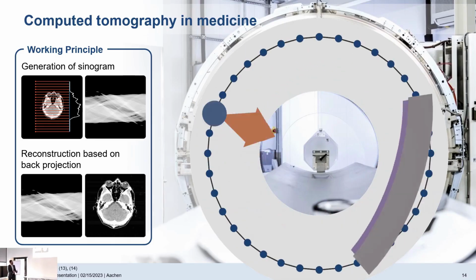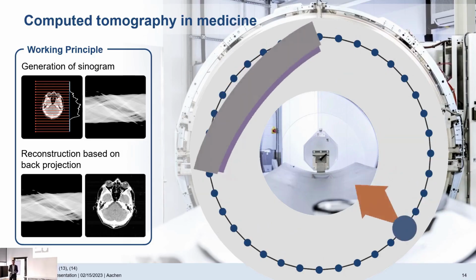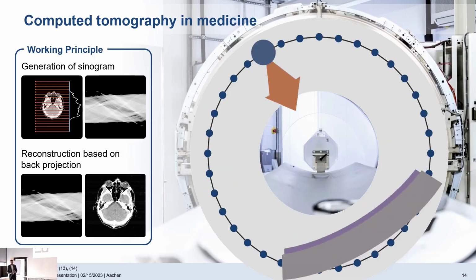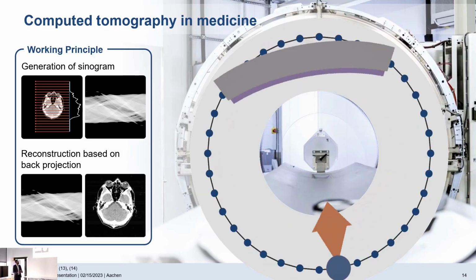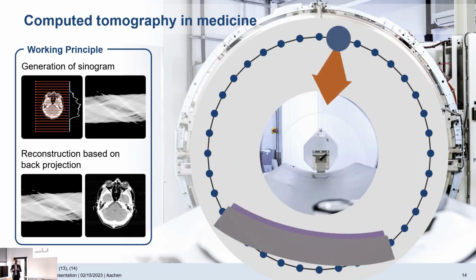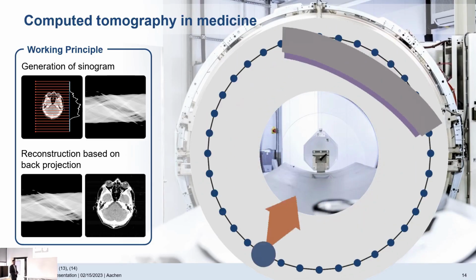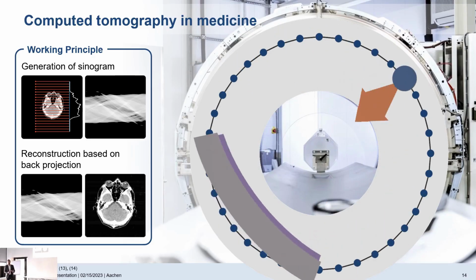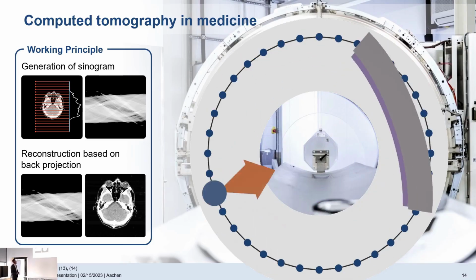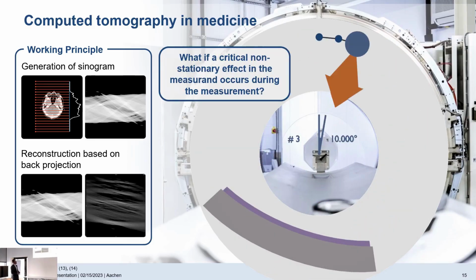However, how does a typical measurement strategy look like? The gantry would continuously spin, and while the gantry is spinning, we would continuously take images, for example, with a constant angular increment of 10 degrees. So what if a critical non-stationary effect would occur during the measurements?